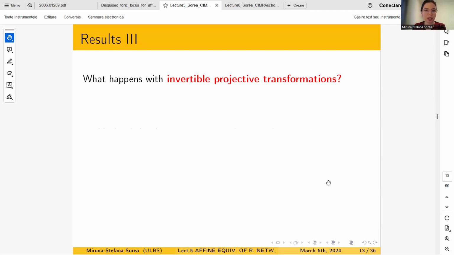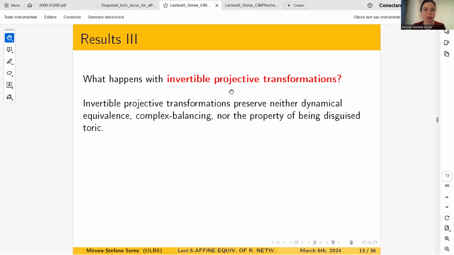There is a section on this in the context of projective transformations. In that section, there are negative results in the sense that we show with examples that invertible projective transformations preserve neither dynamical equivalence nor complex balancing, nor the property of being disguised toric.